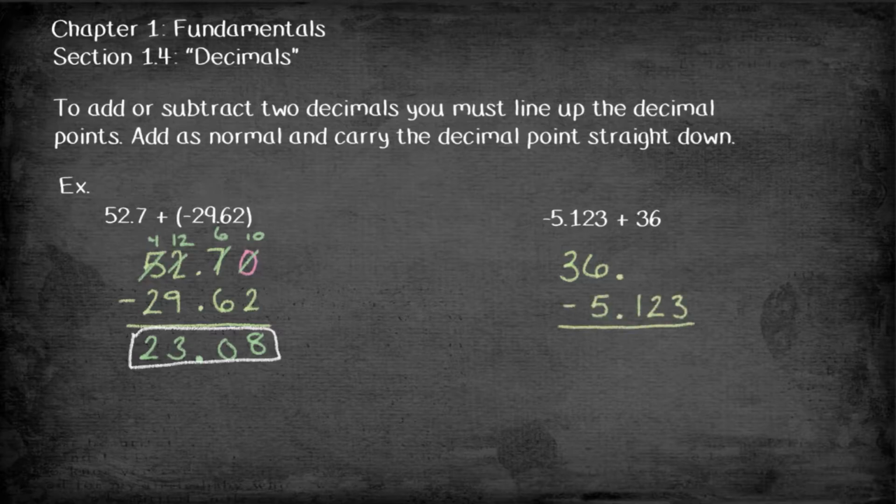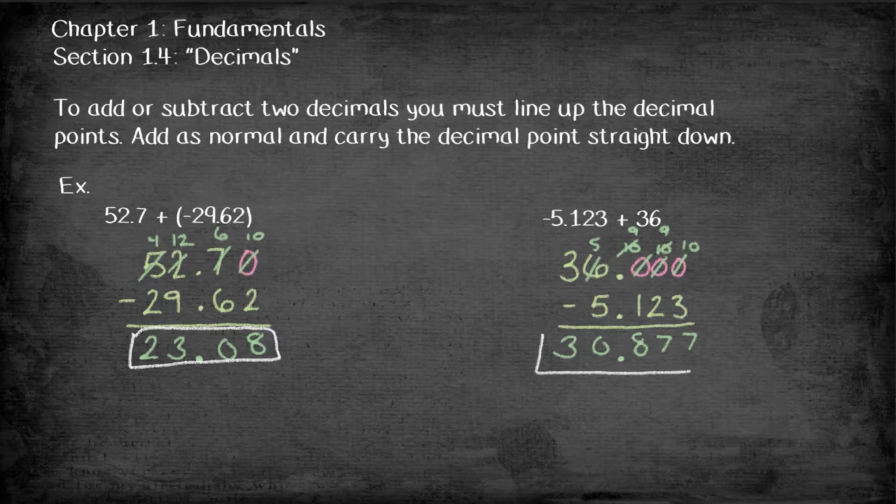Again, you need to append some zeros. All right, and then we just subtract normally. And bring the decimal point straight down. Again, final answer is positive.